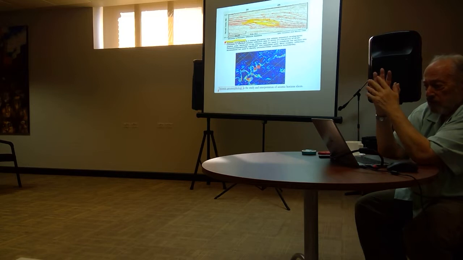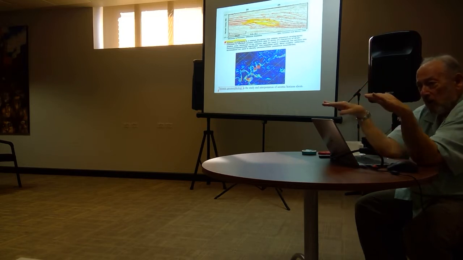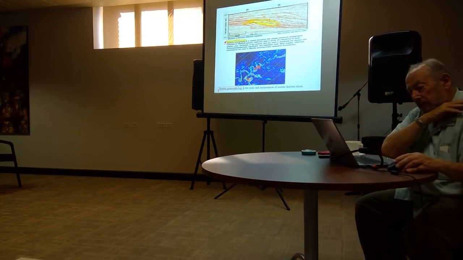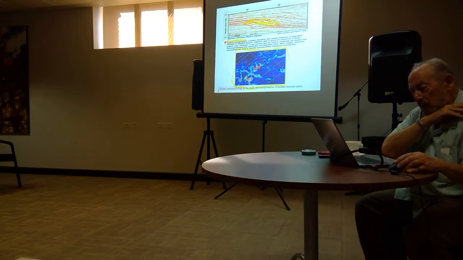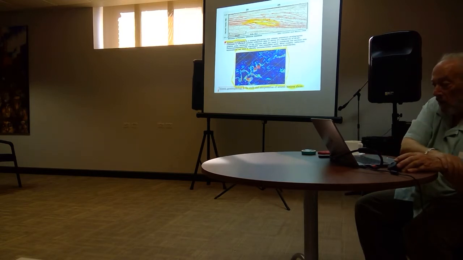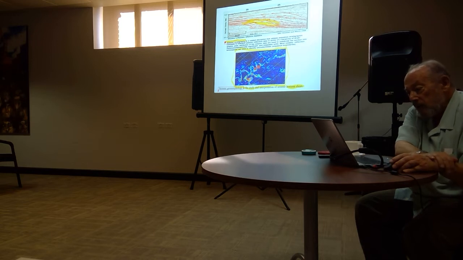Well, that's nice, but I've been showing you a lot of pictures of horizon surfaces from 3D seismic. And here's an example. What you're looking at is what we call a horizon slice. You probably all know this, but I'll say it anyway. A horizon slice is any slice of your seismic data.